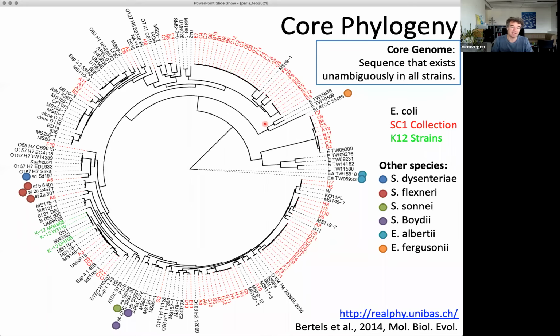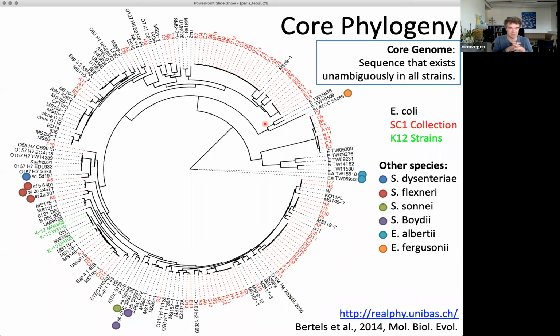And we made an alignment of this core genome together with those of a collection of reference strains from the database. Here I'm showing you the phylogeny that you get if you apply maximum likelihood phylogeny reconstruction to that core genome sequence alignment.